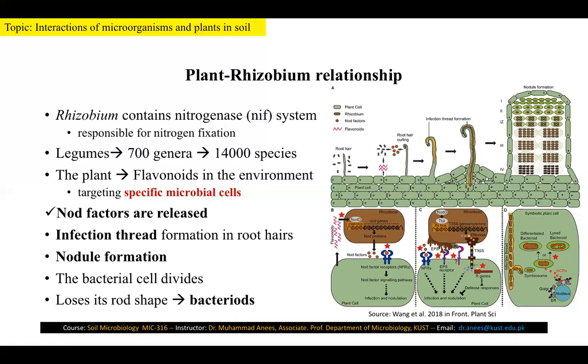So this is how this process takes place inside the soil. This process is highly specific, and there are particular genes which are expressed both in part of microorganisms and in part of the plants. As a result, this symbiotic relationship is established.